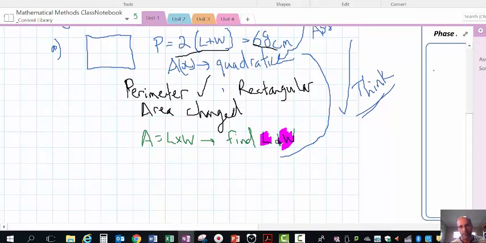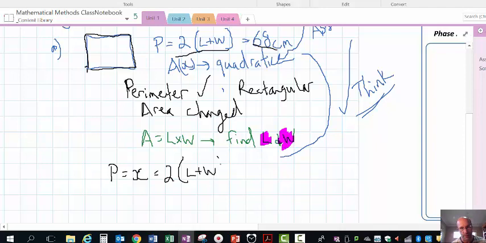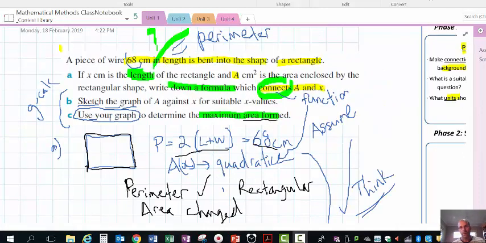So what we have then, P, which is actually, we've been told to use the symbol X for the length of the rectangle, which is actually the perimeter, because we've bent this wire around to make a closed, we're assuming it's a closed rectangle, and that equals two lots of length plus width, whatever they are, and that comes out as 68. So X equals 68.